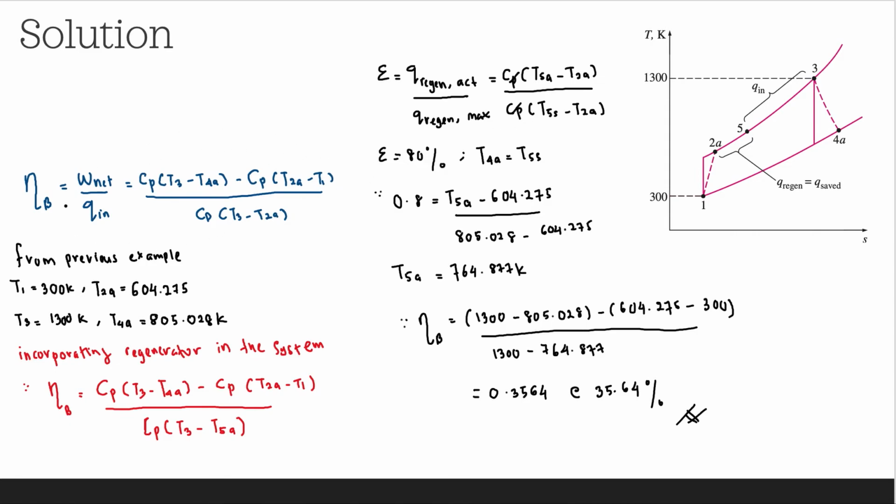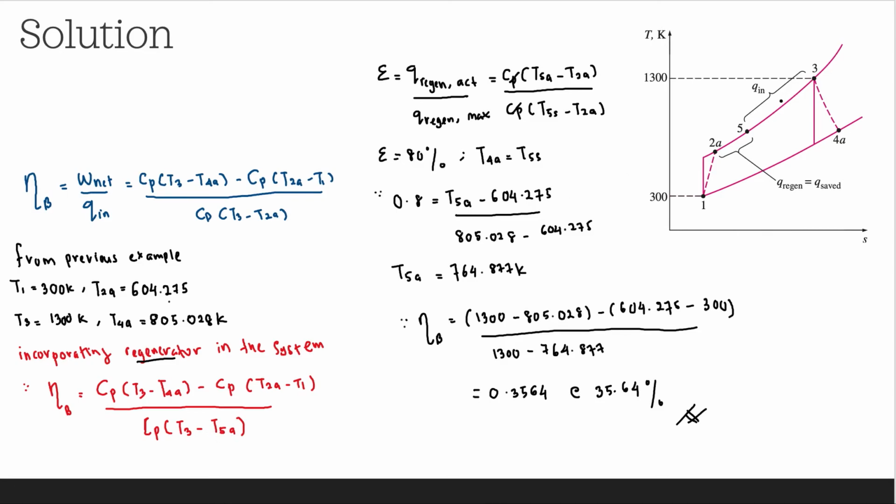This is the original thermal efficiency, and from the previous example we have T1, T2A, T3 and T4A, but for this question we have a regenerator, therefore we must change this equation from Cp (T3 minus T2A) to Cp (T3 minus T5A).